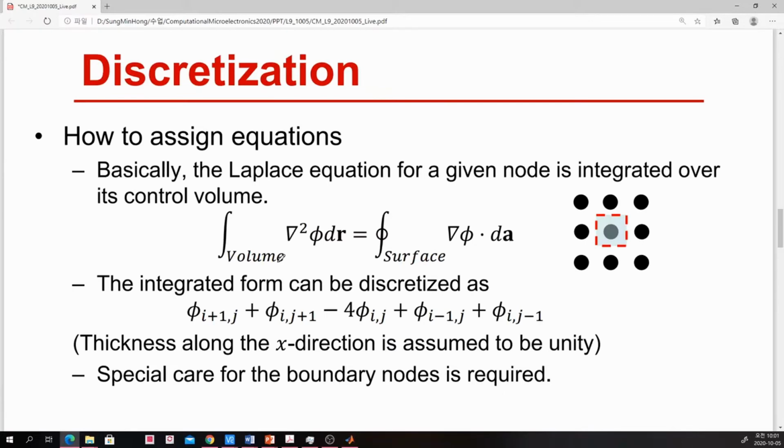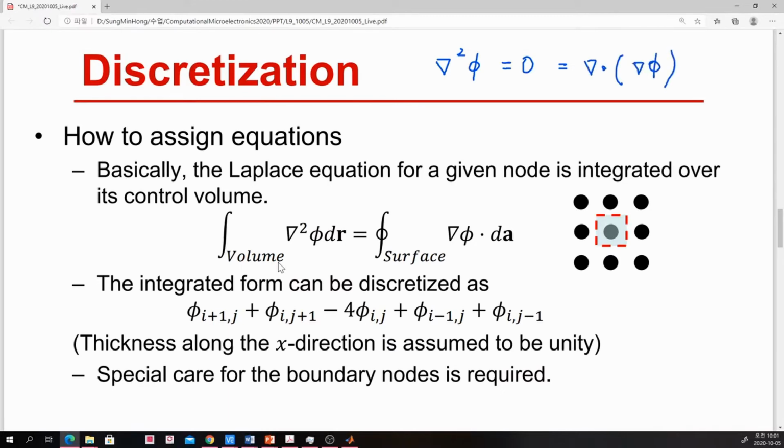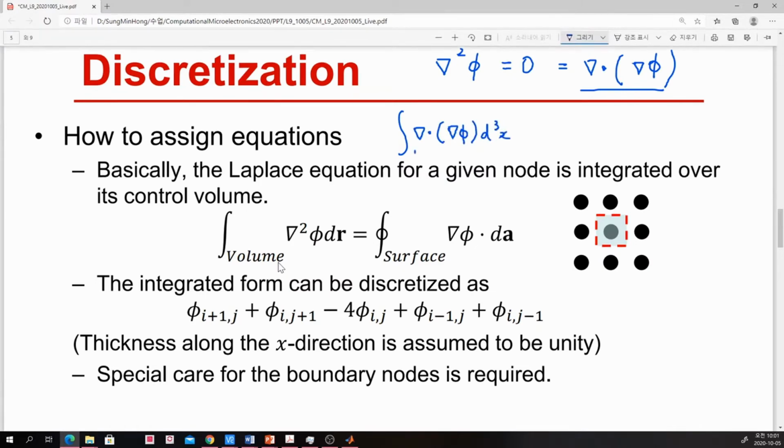As I already explained in our previous lecture, we have a certain form, the divergence of the gradient of phi should vanish, and this form is integrated over a certain volume. So we have now introduced a certain volume integration.